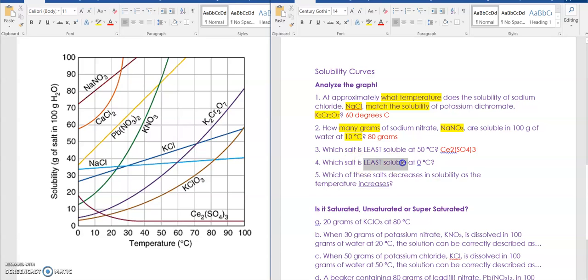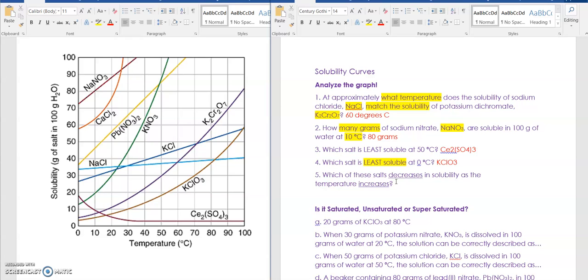I see that this brown line here is closest to 0 grams. If I trace up, I can see that this is going to be potassium chlorate right here, KClO3. Potassium chlorate.